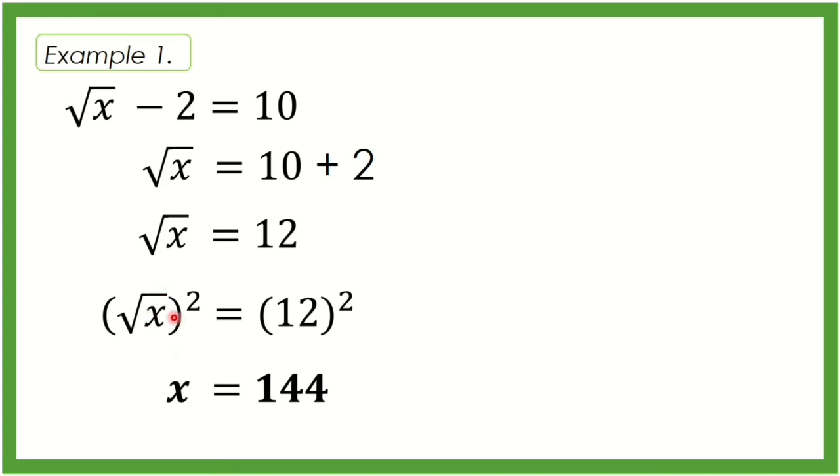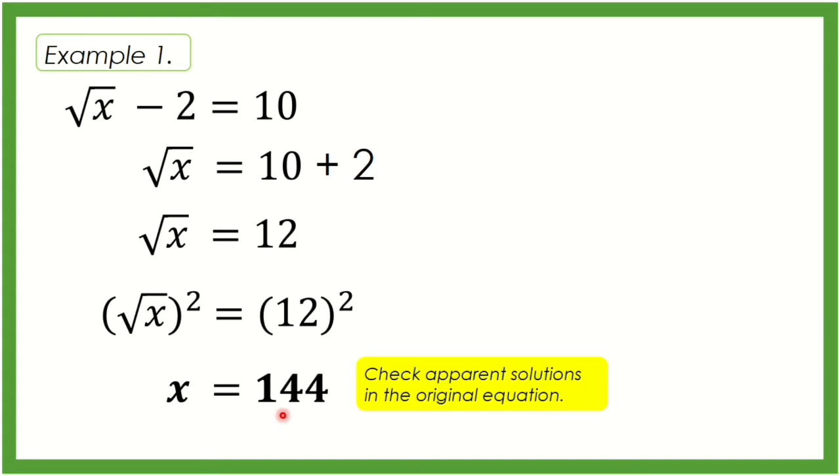Then, simplify, ang square root of x squared ay equal sa x. Parehas yung index tsaka exponent, ang maiiwan na lang yung base natin na x. 12 squared is 144.